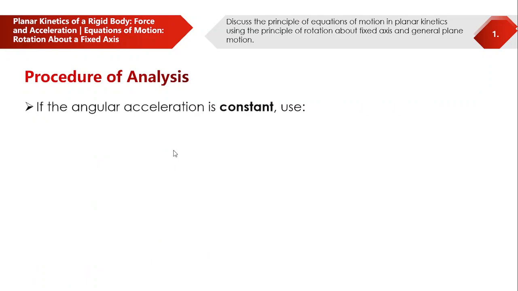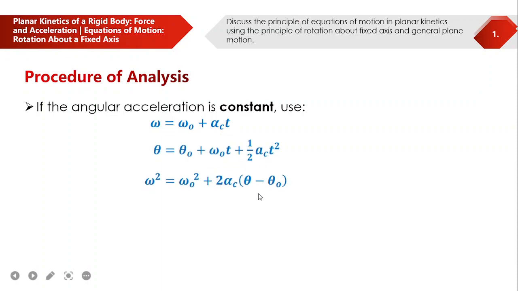Now, if the angular acceleration is constant, you use these: angular velocity is equal to initial angular velocity plus alpha sub c times t, and so on. Then you can use all of these.